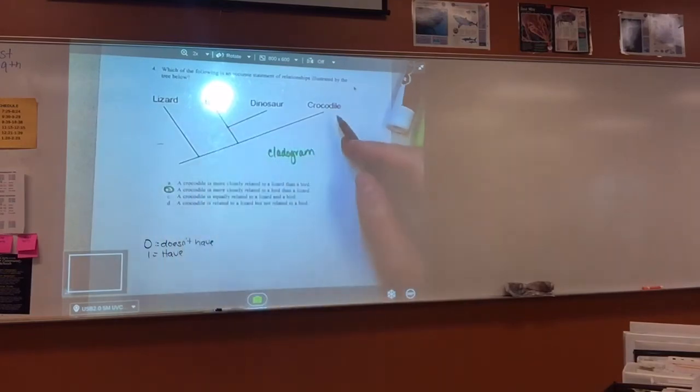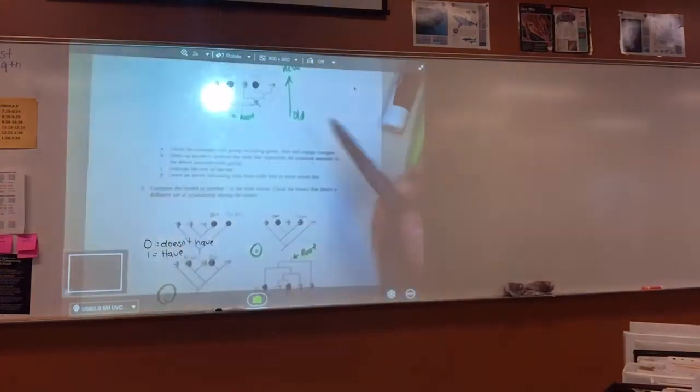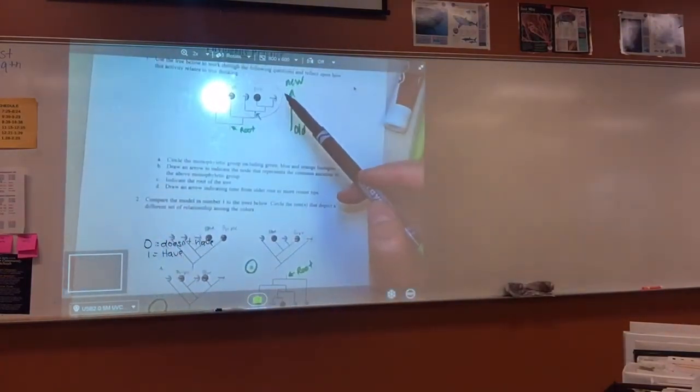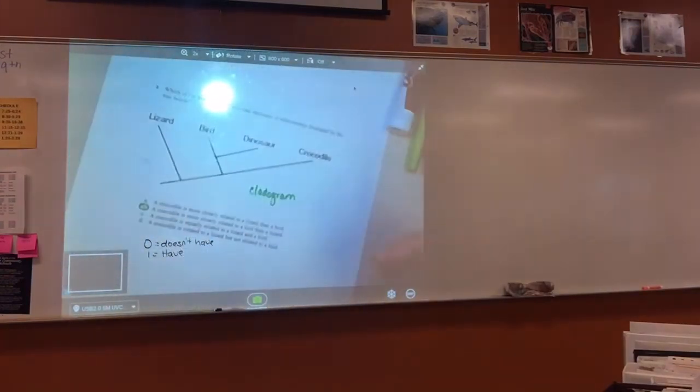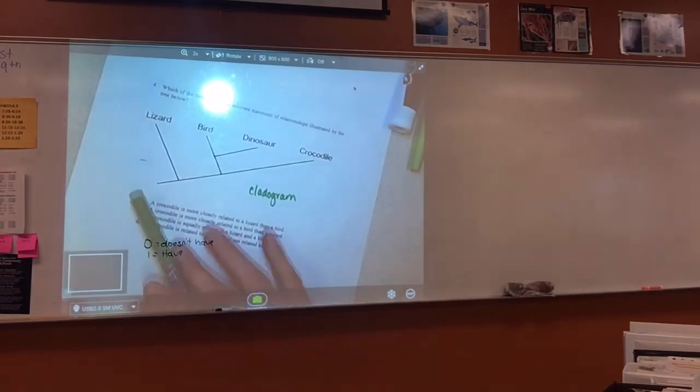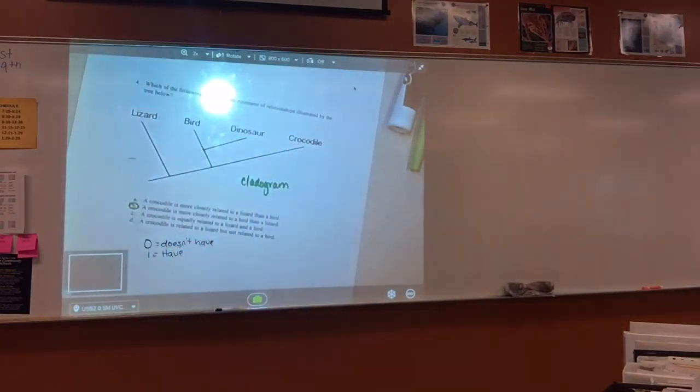It shows evolutionary relationships kind of like a phylogenetic tree, and it's just drawn a little bit differently. But you can tell similar things about the organisms in it as well as the tree itself.